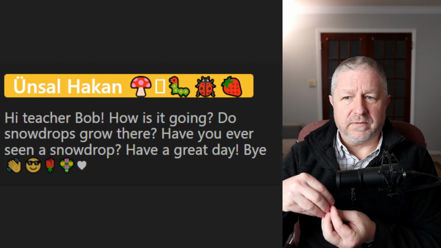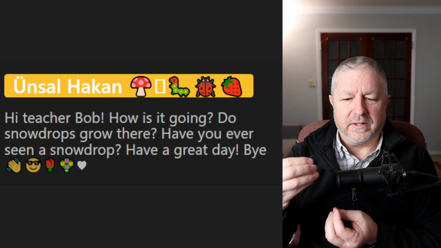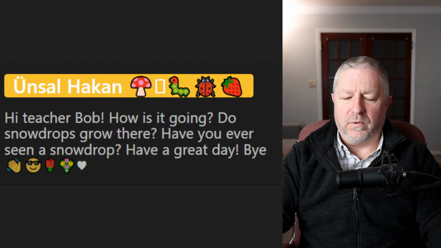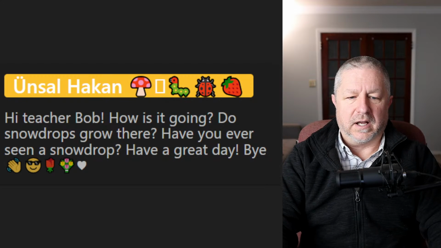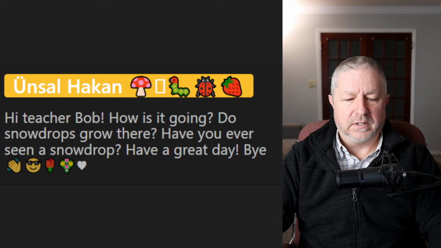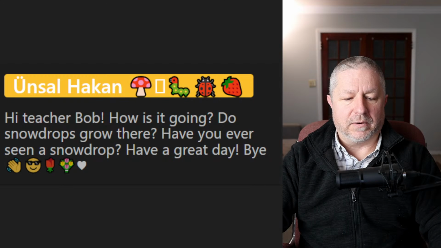A snowdrop is a very early growing flower in the spring with a little white flower on the top. I do know that crocuses grow here, and I wonder if it's a kind of crocus. Snowdrops are one of the earliest flowers to bloom, and they're called galanthus.